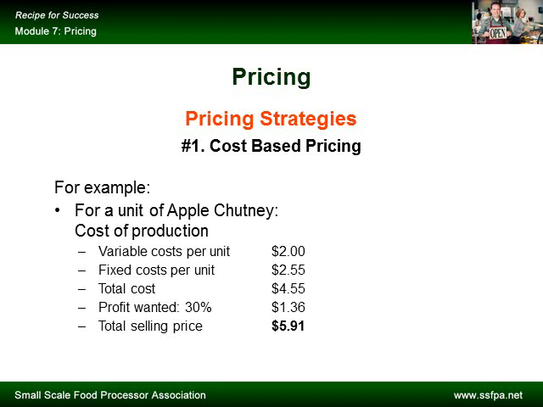The variable cost per unit is $2. The fixed cost per unit is $2.55, making the total cost $4.55. The profit wanted for the product is 30%, which equals $1.36. Add the cost with the profit, and your total selling price is $5.91.